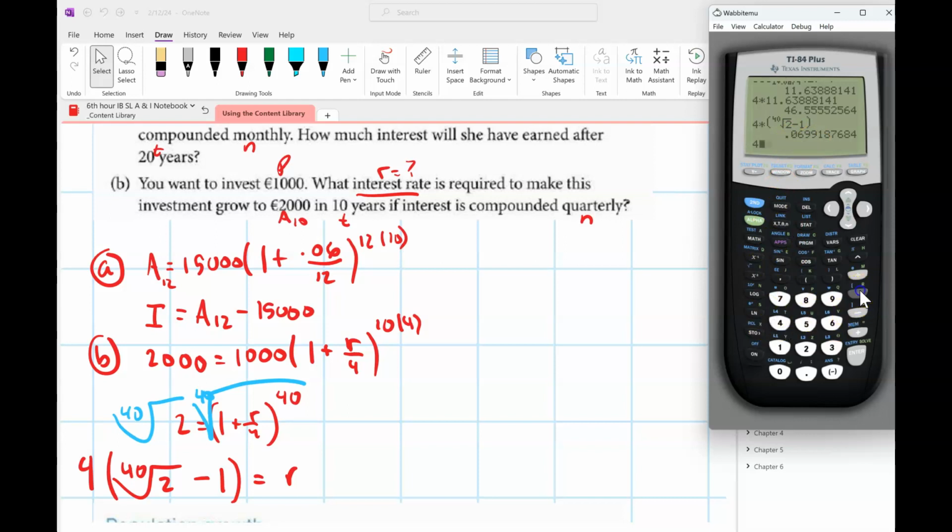The other way I could do this is if I wrote this as 2 to the 1 over 40. That's the same thing as a 40th root. So I could do it that way also, which is maybe more button convenient because you never have to go through a menu to grab it. But either way of doing it is perfectly fine. You guys cool? Okay.